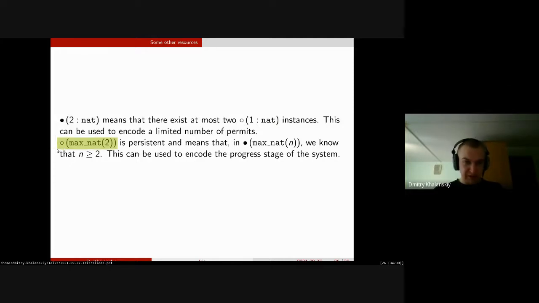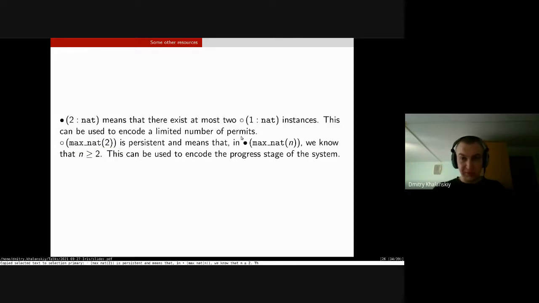Another example is that if you store in your authoritative resource algebra a maximal number resource algebra instance, let's say n, and you have a fragment that stores the number 2, then you can be sure that that n will be larger than 1.